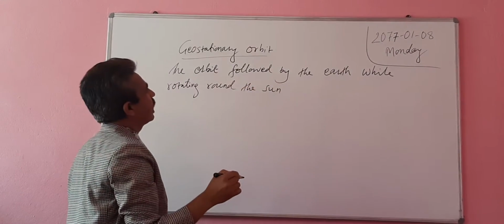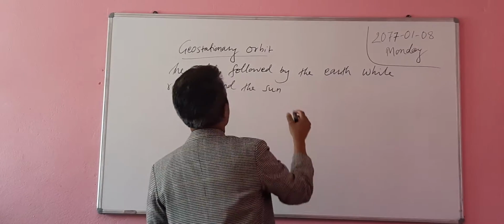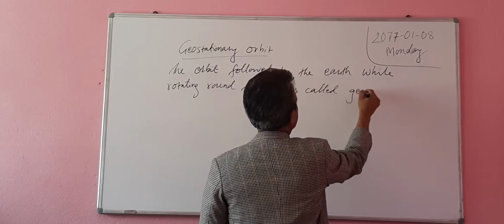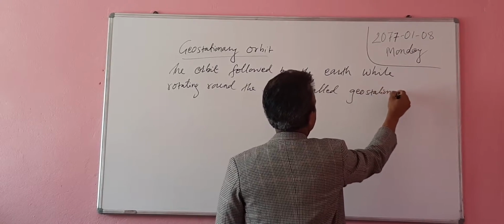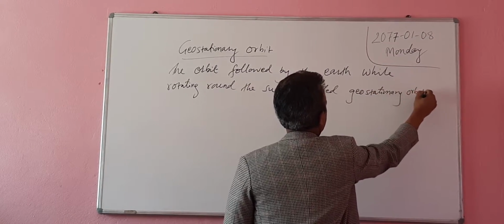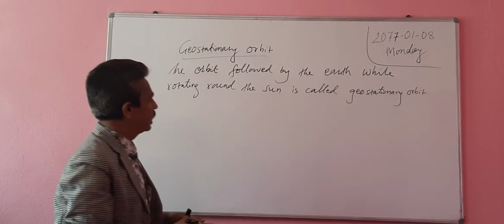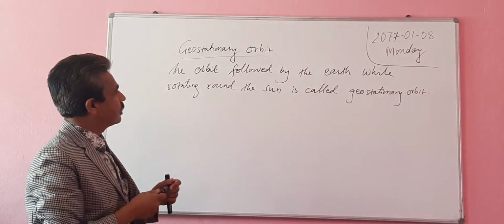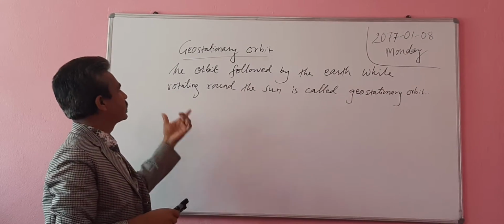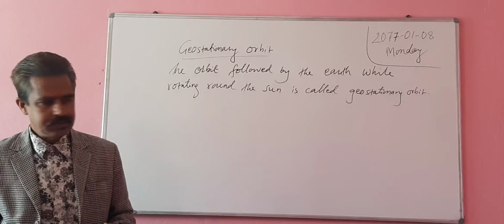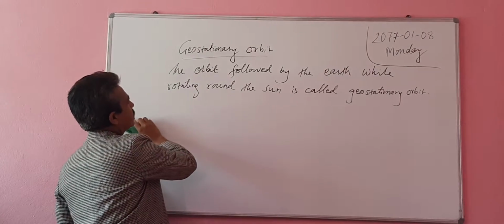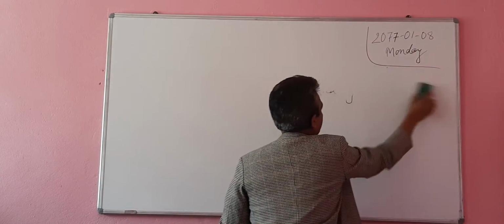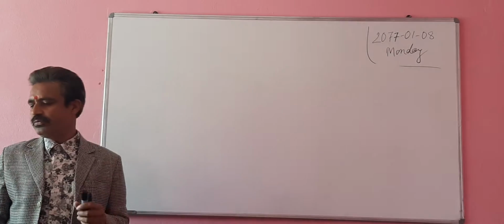The orbit followed by the Earth while rotating around the Sun is called, what is it called? Geostationary orbit. Okay, geo means Earth. So the Earth revolves around the Sun in a fixed path. That path is called geostationary orbit. Okay. So these three questions were of 1 mark each. Now remaining questions are of 2 marks.